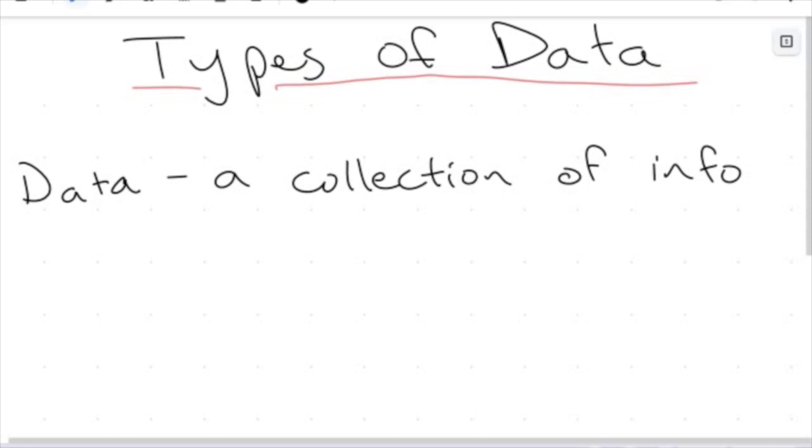Now you may be asking yourself, this definition is really broad, right? I'm collecting information. Okay, is that information about, I don't know, favorite color? Is it information about the height of a population?